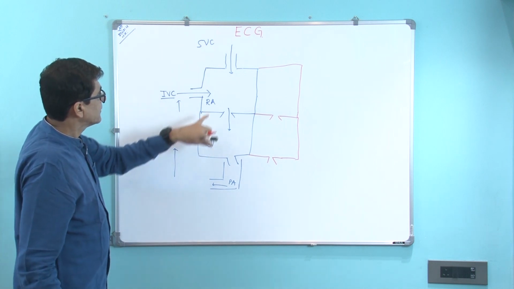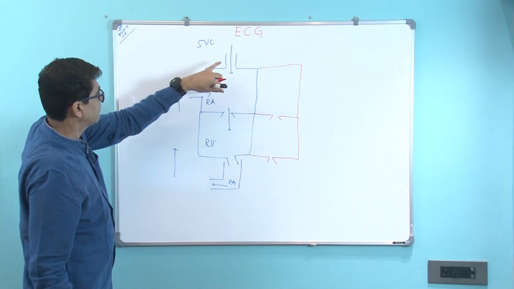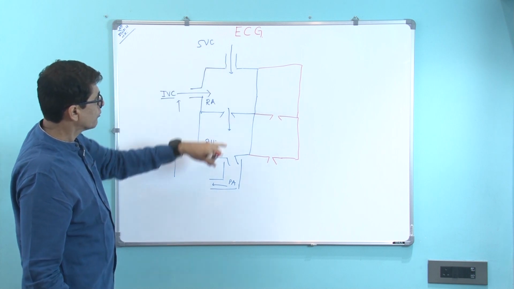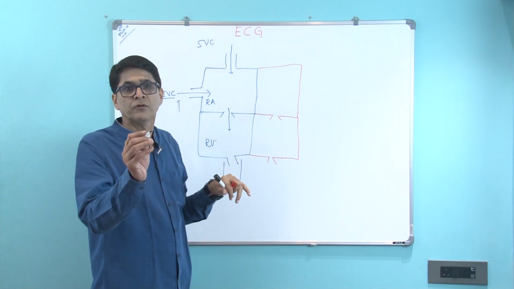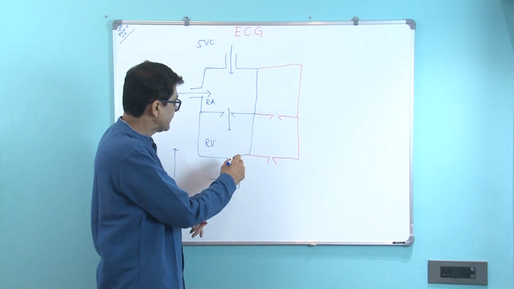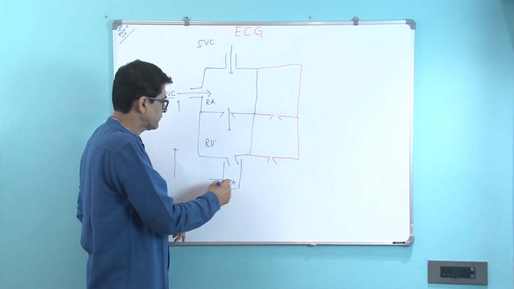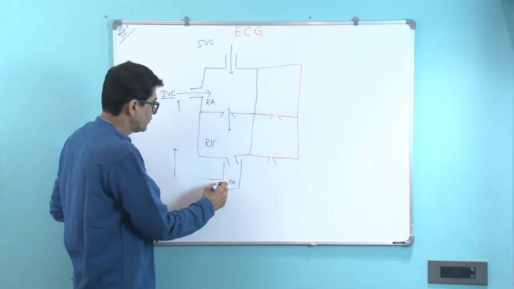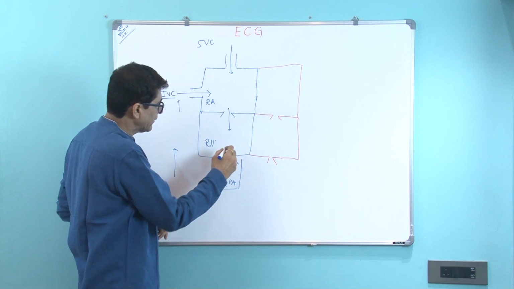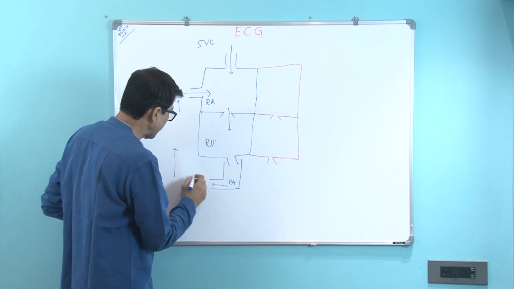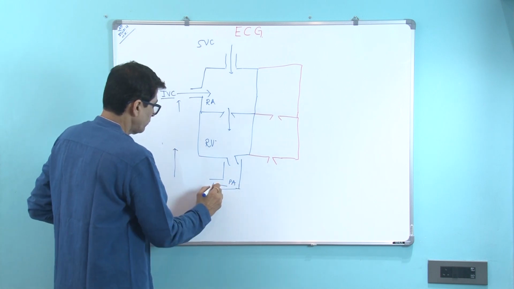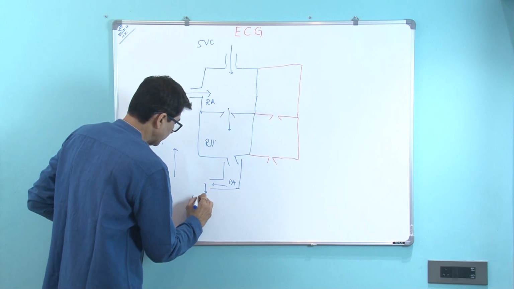From the RV, this blood is deoxygenated, because the oxygen has already been used by the body. So, we need to oxygenate this blood. This blood from the right ventricle will go into the pulmonary artery, and from the pulmonary artery to the lungs.